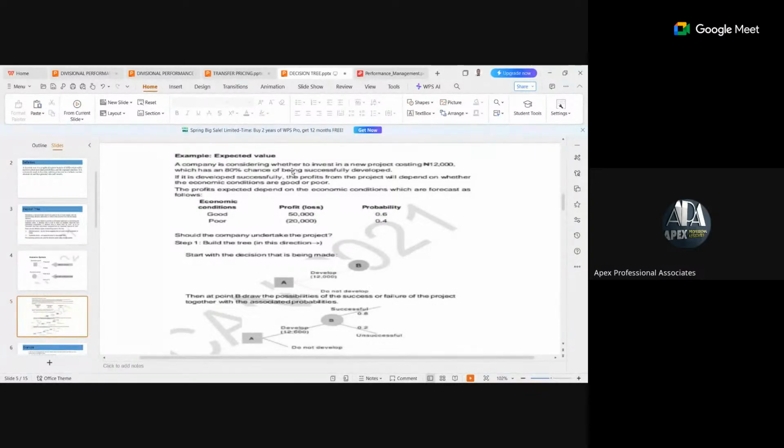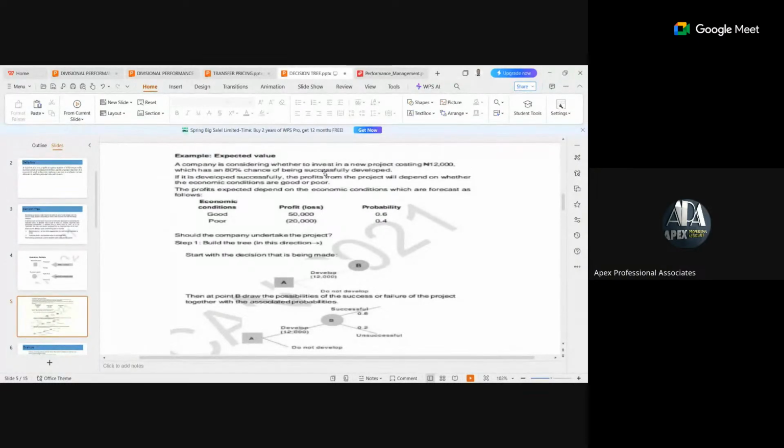Now, what is the first thing that the company is considering? To invest in a new project costing 12,000 naira, which has an 80% chance of being successfully developed. So the first thing is for you to develop the project. So you start with the decision that is being made. Will you develop? Will you not develop?